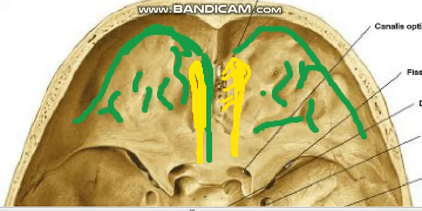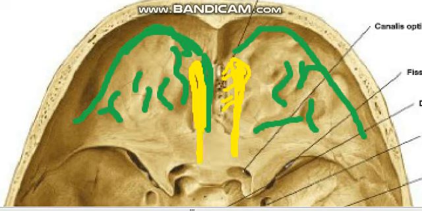Through the openings in the cribriform plate, the olfactory filaments come up and are continuous with the olfactory bulbs. So: olfactory bulb, gyrus rectus, olfactory filaments.